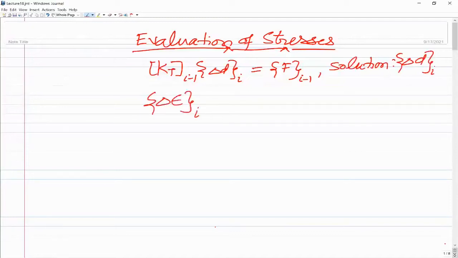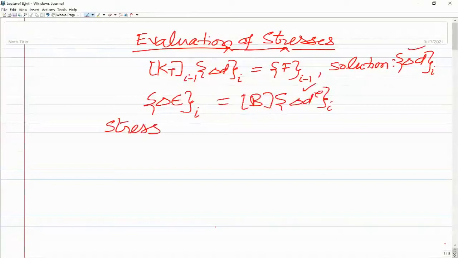This is equal to the strain displacement matrix B times delta d for the ith iteration. From the global vector you extract the vector of incremental elemental degrees of freedom, delta d for the ith iteration, and from this you get the strain increment for that particular iteration. And then what we want is to calculate the stress.